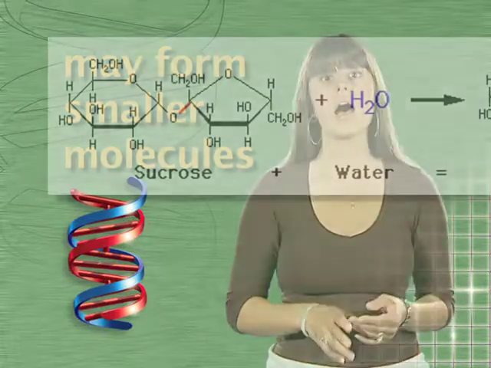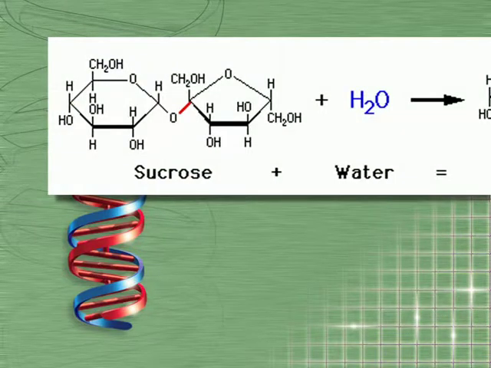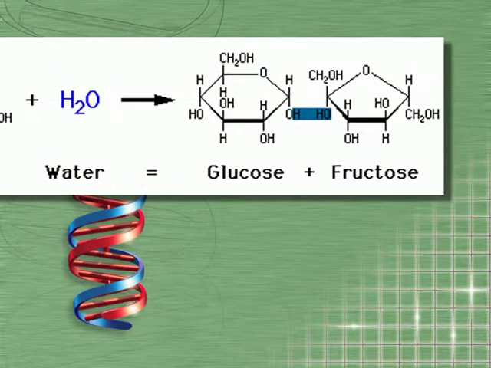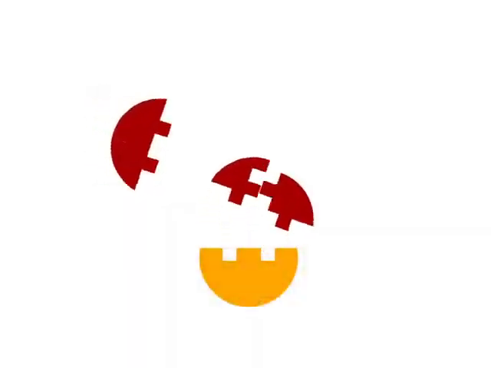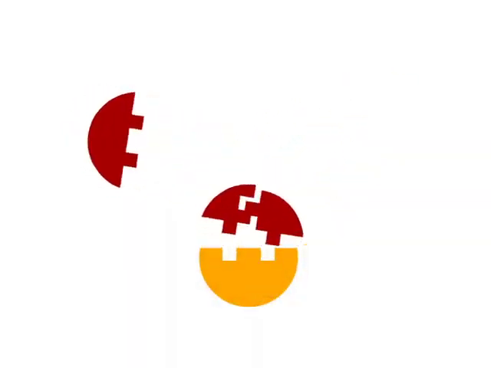For example, a molecule of sucrose can be hydrolyzed to form a molecule of glucose and a molecule of fructose. At the end of the reactions, the product molecules are released and the enzyme molecule is free to combine with another substrate molecule to form another enzyme-substrate complex.